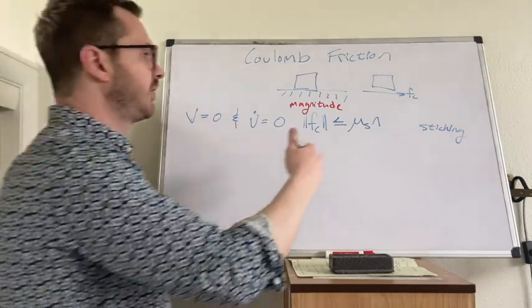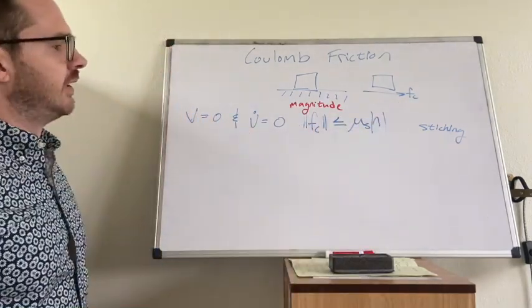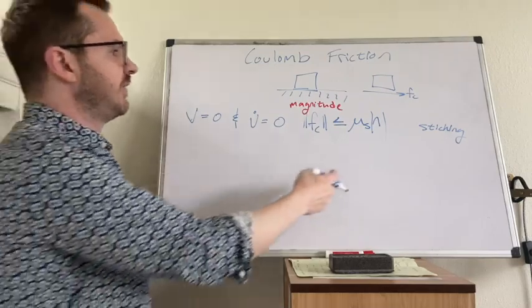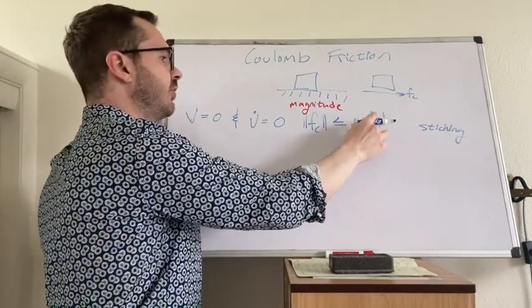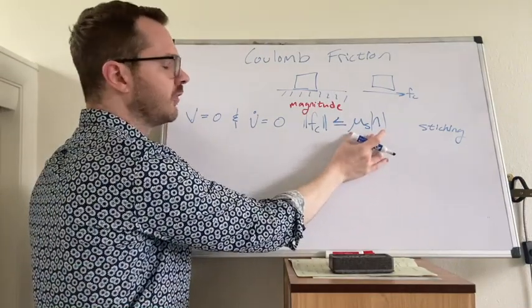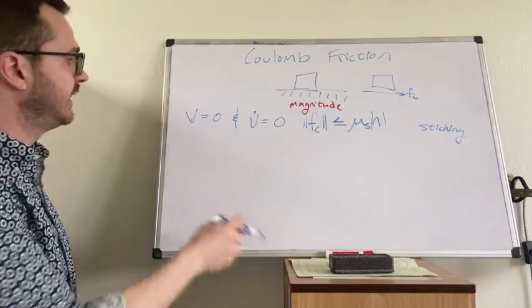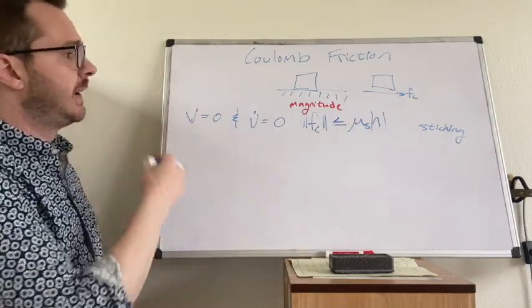Now you've probably seen this before, and I'm going to put the norm of n here, or absolute value. So we're just concerned about the magnitude of the normal force as well. You've probably seen this before, where you take the normal force and you multiply by the coefficient of friction. This would be the coefficient of static friction, because again, the block is not moving.